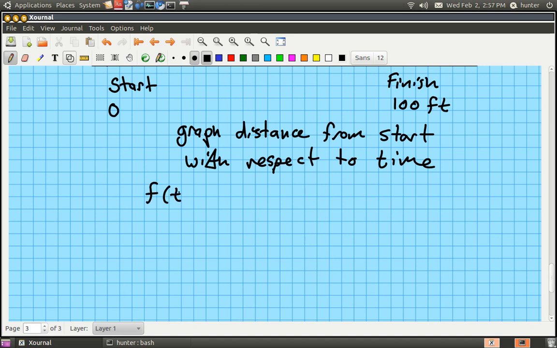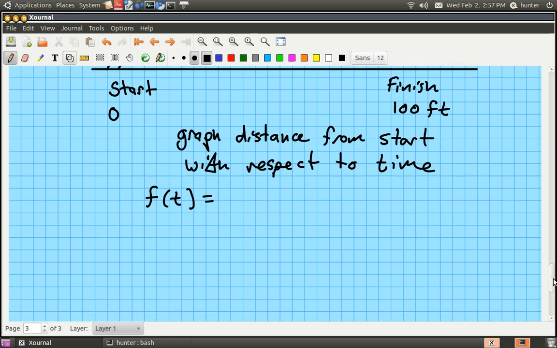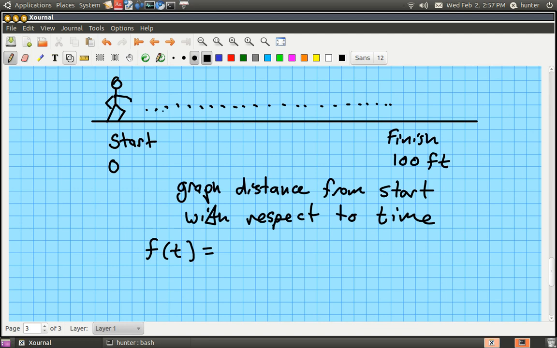I'm going to define a function f, which is a function of time. f is going to take time as an input, and when you put the time in, it's going to output the location of the man from the starting place at time t. So it is distance at time t.